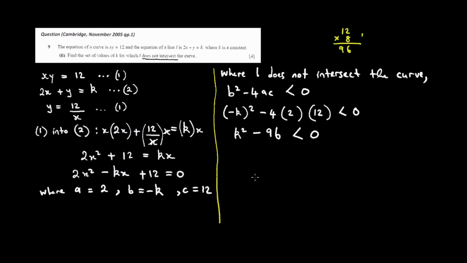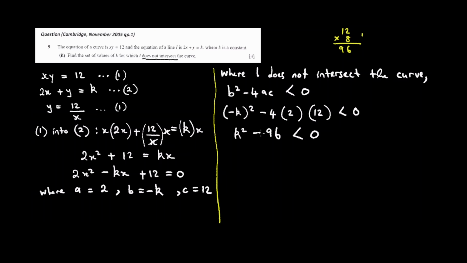So we have arrived at what we ought to do; remember we want the critical values. To get the critical values, we have to look at k squared minus 96. Fortunately or unfortunately, k squared minus 96 is not a difference of 2 squares, but we can make it one.